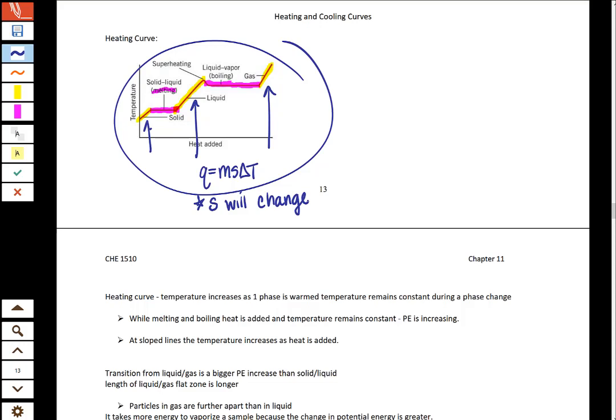So for example, when we used 4.184 joules per gram degrees Celsius for the specific heat of water, that was the specific heat for liquid water. But solid water and gaseous water have their own specific heats. So s will change based on the state the compound is in.